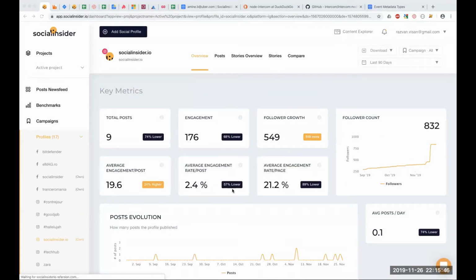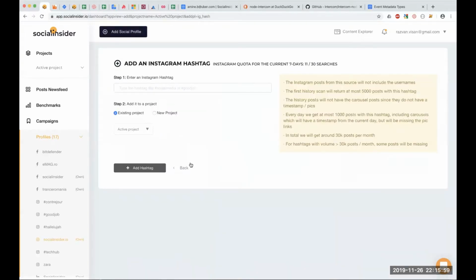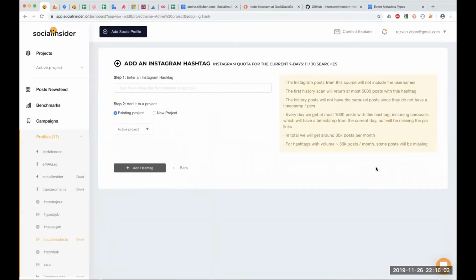Okay, now moving on, the last thing I wanted to talk about was the hashtags. Because again, we're working with the platforms here, and Instagram has some limitations, Twitter has some limitations, and let's see what these are. First of all, before you can add an Instagram hashtag or add competitor profiles, you need to add your own Instagram profile.